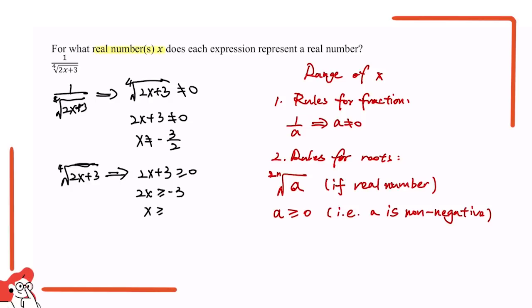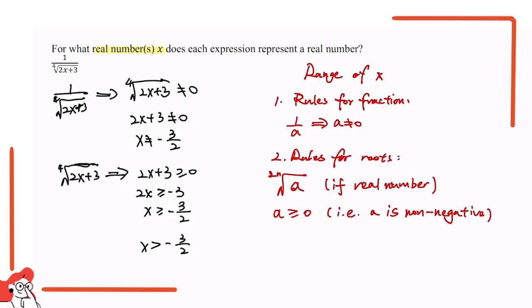And by dividing 2 on both sides of the inequality, this gives us x is greater or equal to negative 3 divided by 2, all right? And combining these two answers, we can get the final solution of x is greater than negative 3 divided by 2. Okay, so this is our final solution.